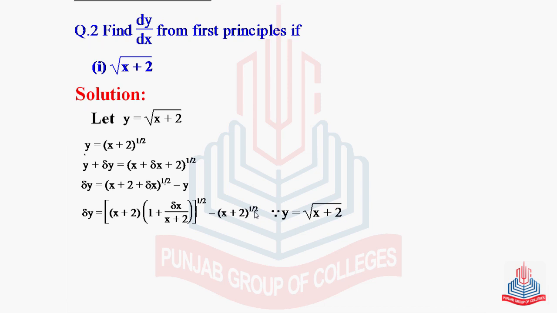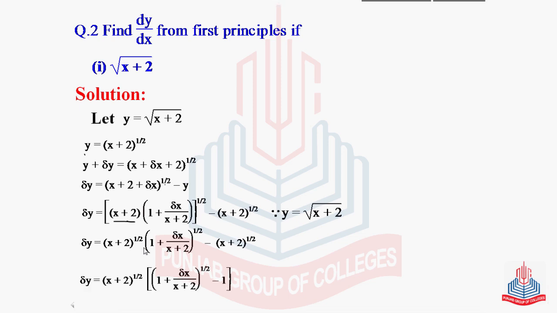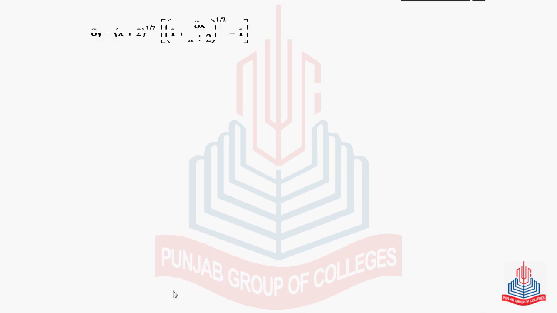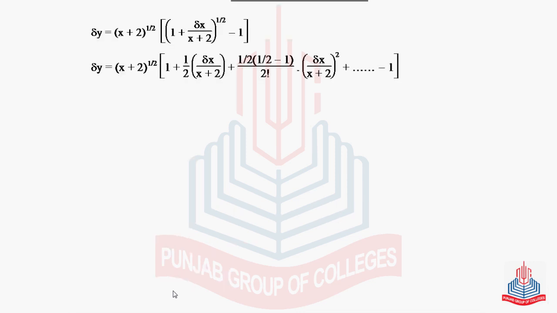Now x plus 2 raised to the power 1 by 2 will become a common factor from these two terms, so we have 1 plus delta x over x plus 2 raised to the power 1 by 2 minus 1. We can apply binomial series here. Delta y is equal to x plus 2 raised to the power 1 by 2 and 1 plus nx.